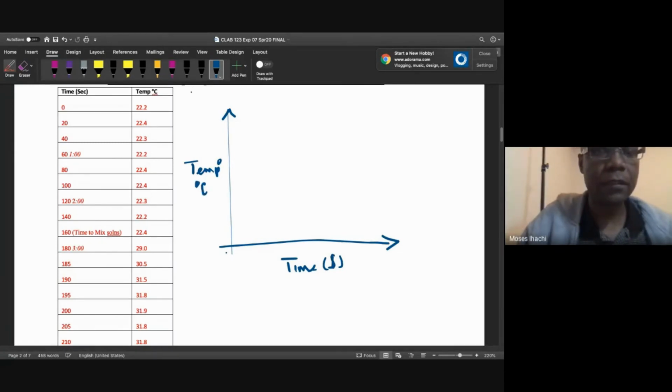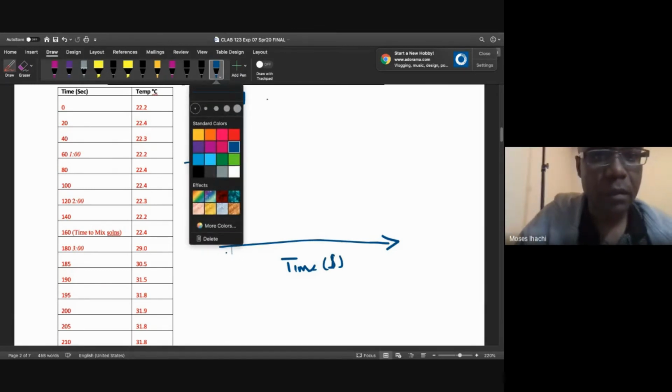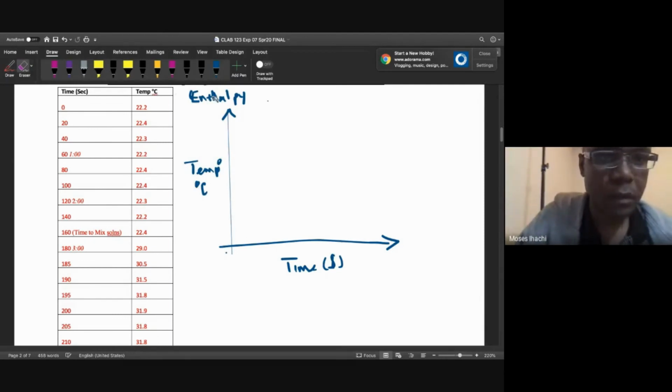Then the title is enthalpy of neutralization.